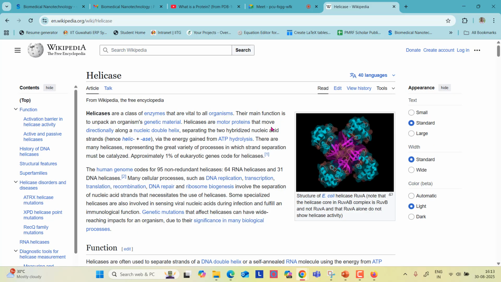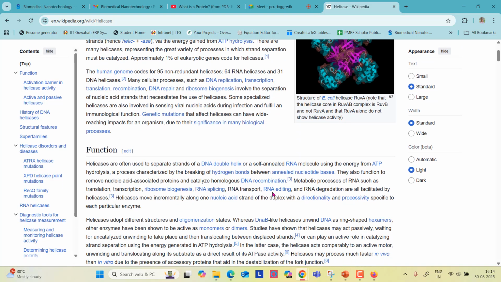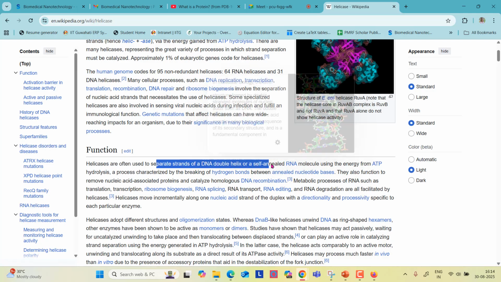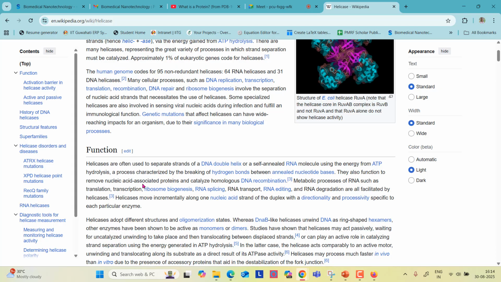Helicases are motor proteins that move directionally along a nucleic double helix, separating the two hybridized nucleic acid strands via the energy gained from ATP hydrolysis. Okay. So there are many to separate strands of DNA double helix or self-assembled RNA. Okay, so helicase is used to separate the strands of DNA double helix.